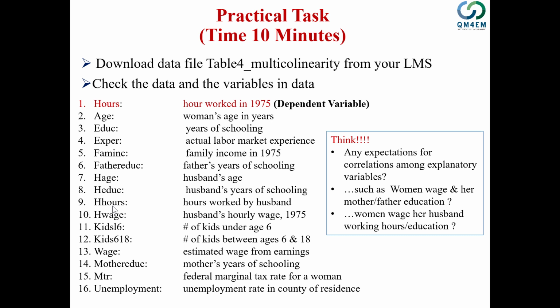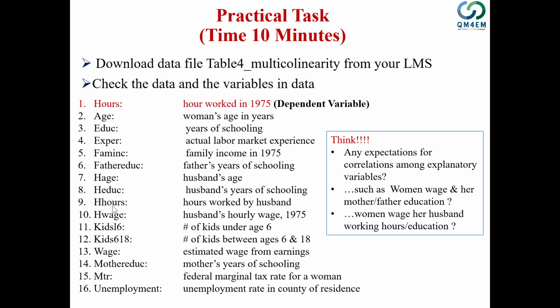So you see, you can think of all kinds of relationships among these explanatory variables, and that's essentially the problem of multicollinearity. Now I would skip the theory to repeat all the things again. I would stick to what we are going to do, the practical part.